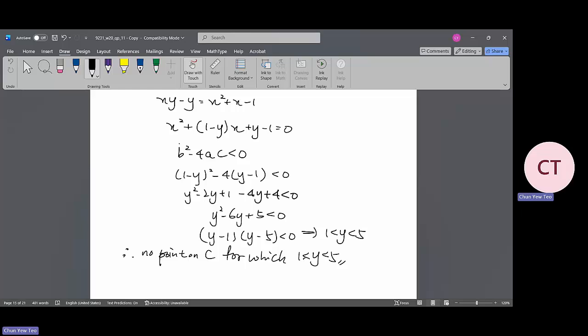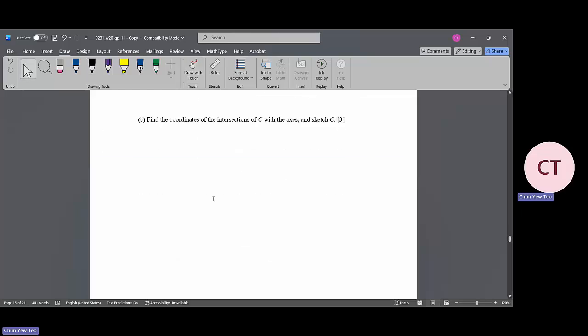Okay, now we move on to part C. We want to find the coordinates of the intersections.